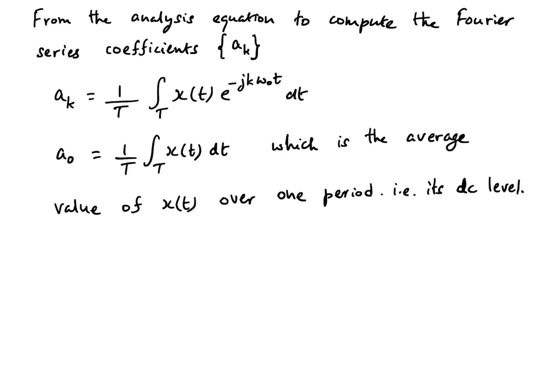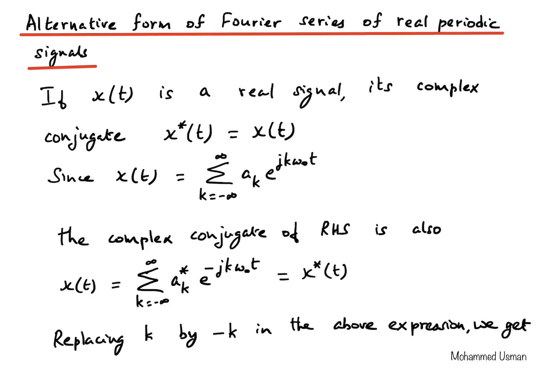If we write down the exponential Fourier series, simplify the terms and impose certain conditions, we get different forms of the Fourier series. We will see one such useful form, which we will encounter in a lot of our exercises, and that is called the sine-cosine form of the Fourier series.